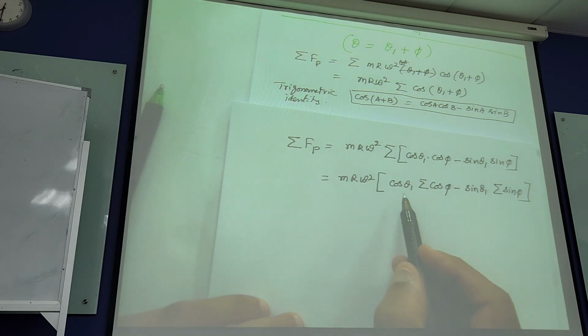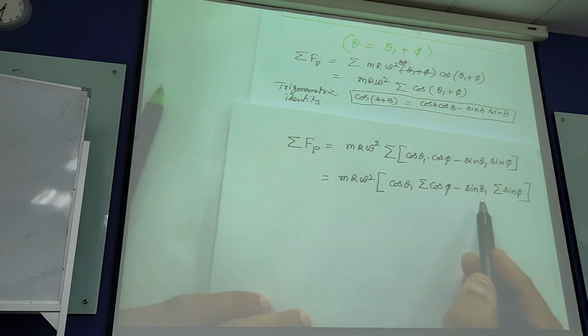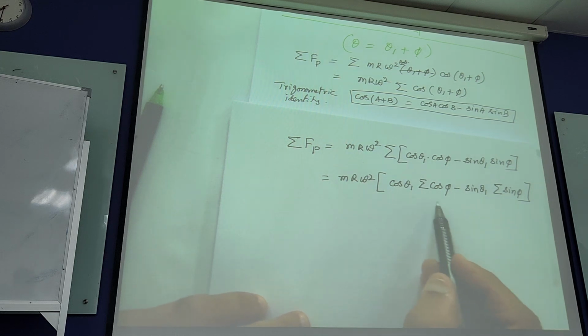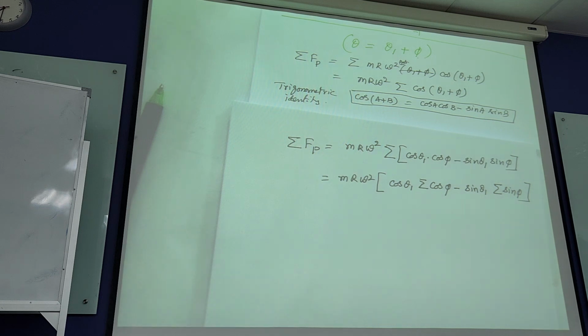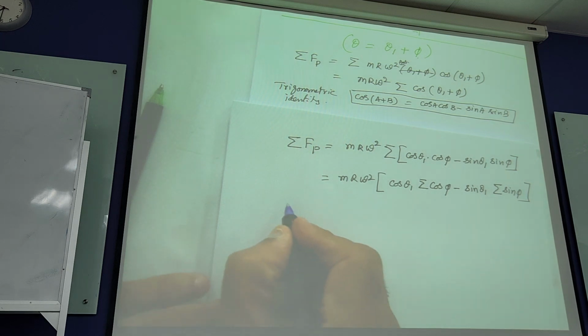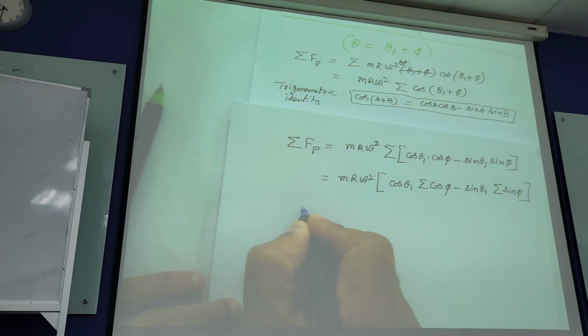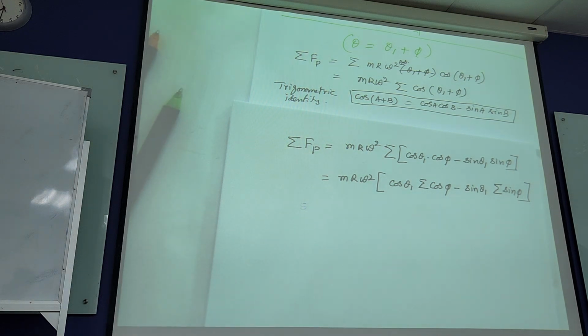This is because cosine theta 1 and sin theta 1 will be constant for all cylinders. So this is the primary force.